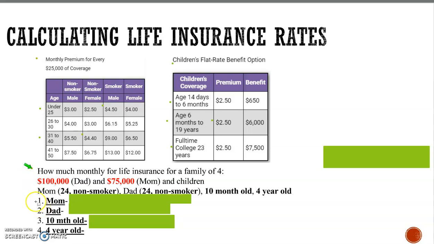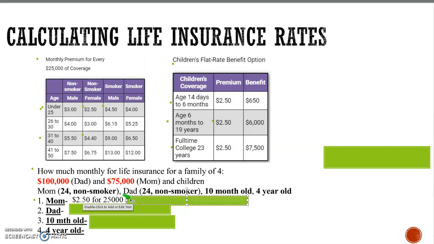So let's first look at mom. Mom is 24 years old, so you'll be in this row here. She's a non-smoker and a female. So that means it's $2.50 for $25,000 worth of coverage.